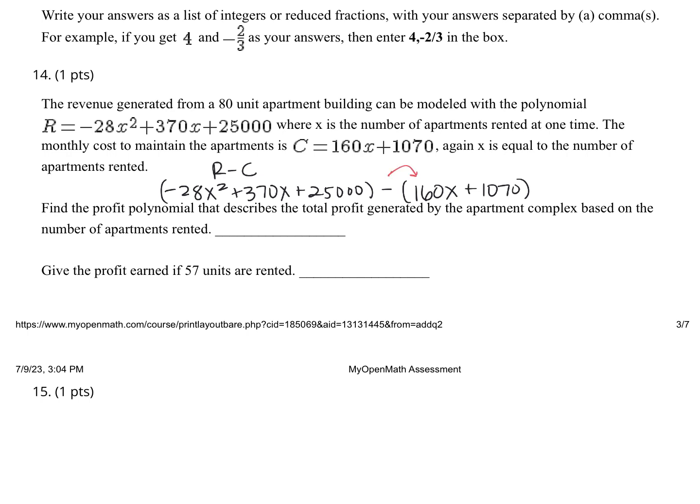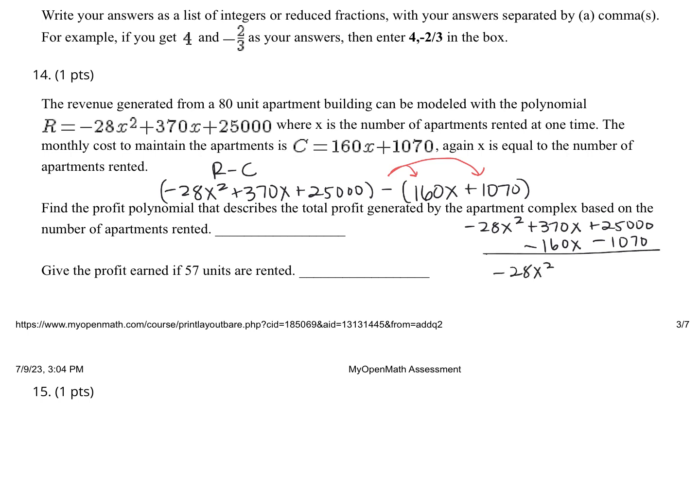We're going to distribute that negative. So that's going to be negative 28x squared plus 370x plus 25,000 minus 160x minus 1070.